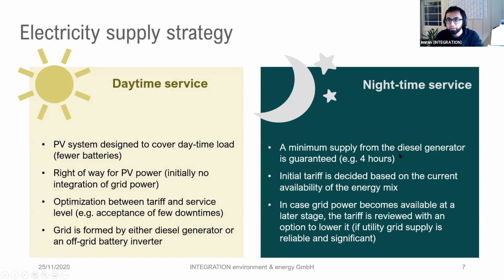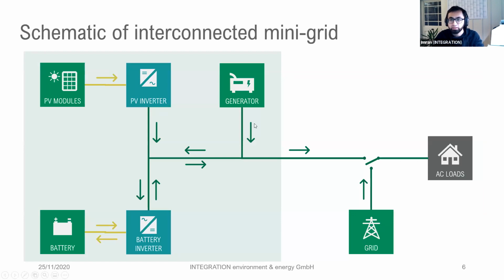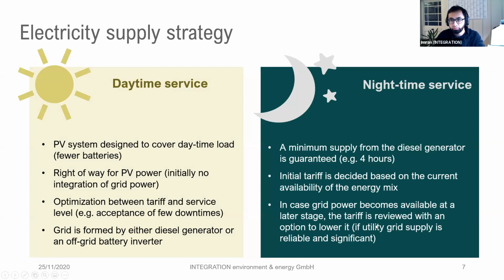During the night, as we said, you would consider a certain level of usage from the grid as well. However, you could also have grid supply complementing it. What we have seen in cases is that at night, primarily the generator is providing electricity to the people. However, whenever there is grid supply, which is usually cheaper than electricity from the diesel generator, the system can leverage such a facility and provide optimal power to the people.